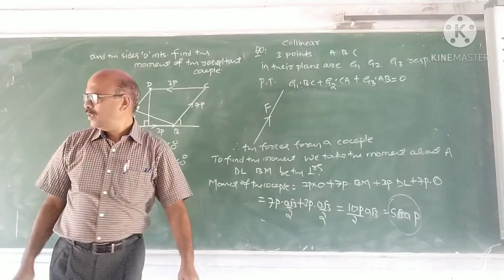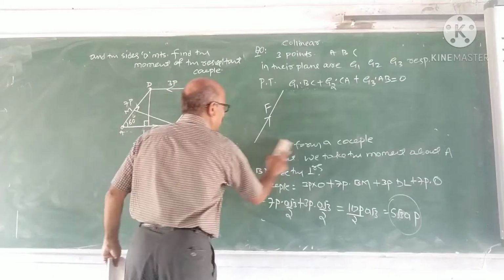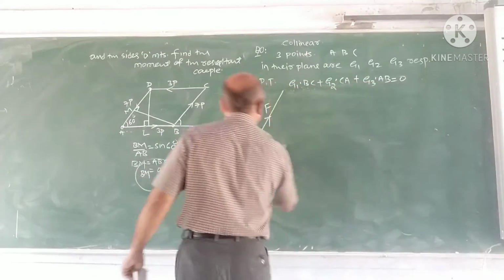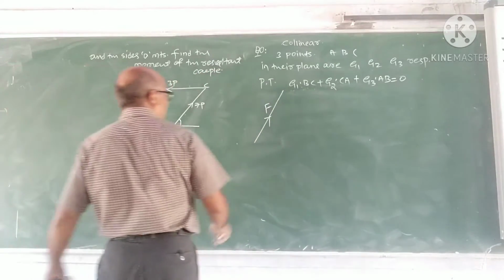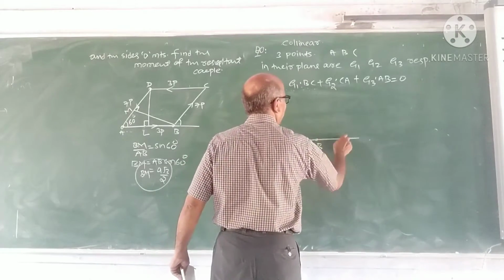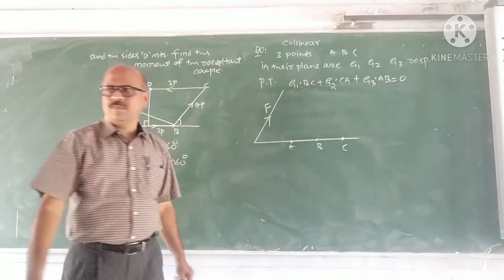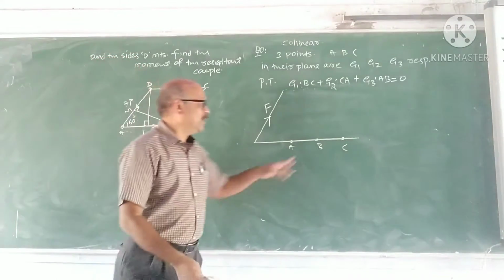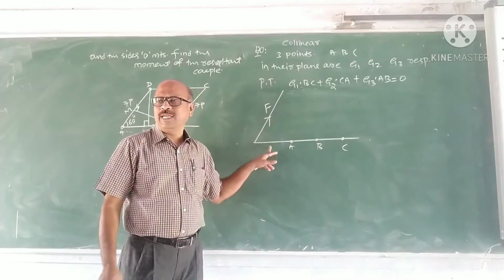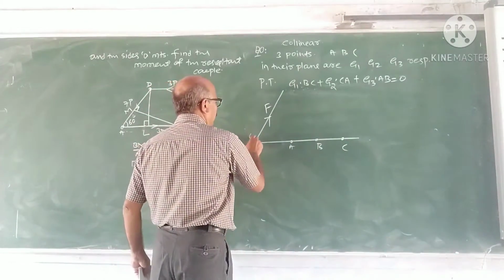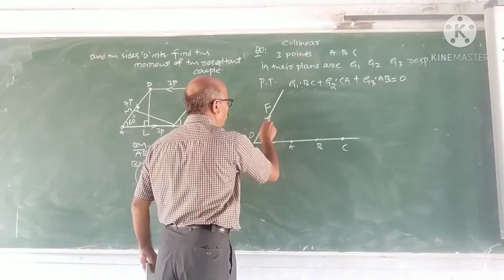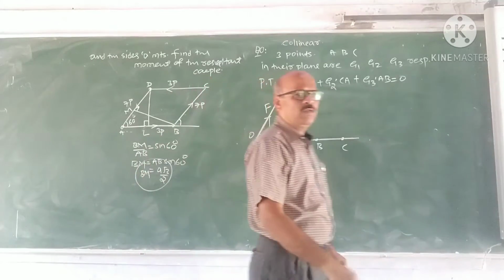I take F as the force, F is the resultant of the three forces. Suppose it makes an angle theta with the line joining ABC. ABC are collinear, that is important. Take a line passing through ABC. Since ABC are collinear, we have taken this line, and also a force F, the resultant of the three forces, that passes through O and makes an angle theta with ABC.